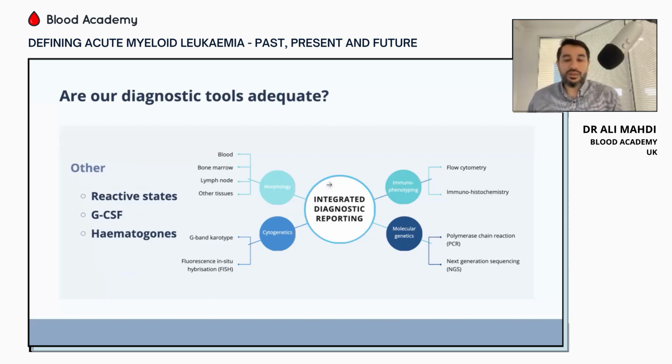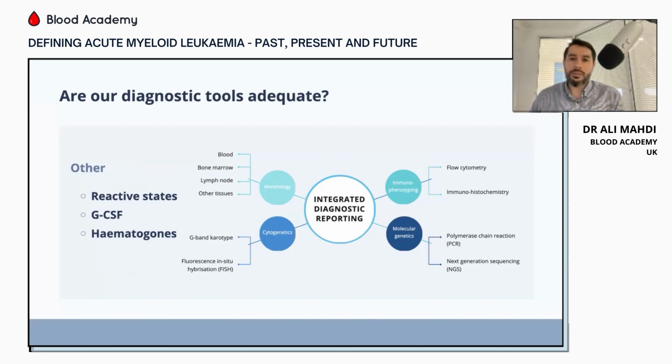And then we have to distinguish the blast cells, which can be increased in some conditions as well. So they can be increased in reactive states. They can be increased in number after exposure to various different growth factors, in particular granulocyte colony stimulating factor, or GCSF.